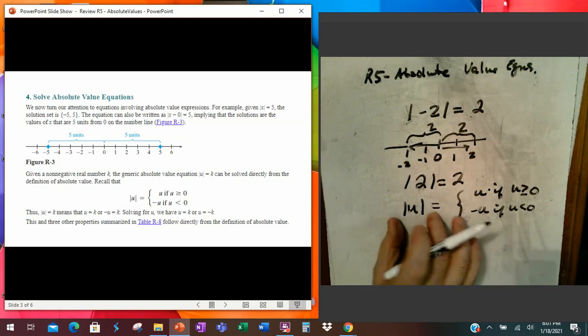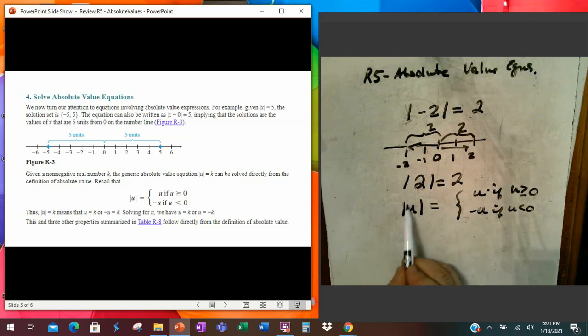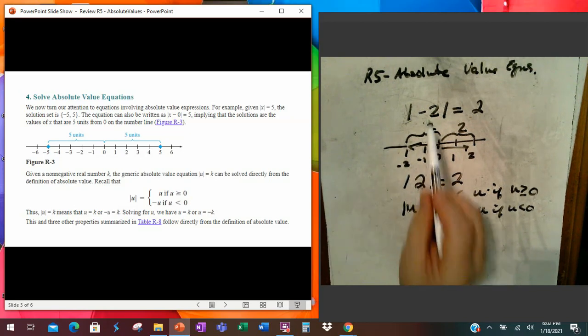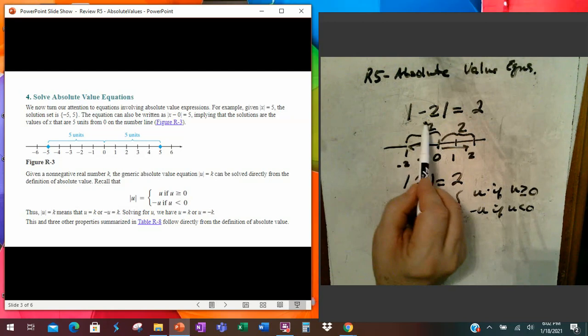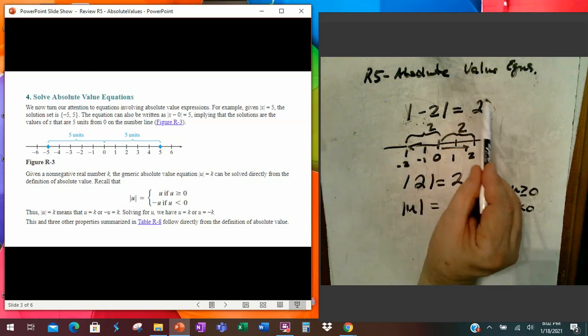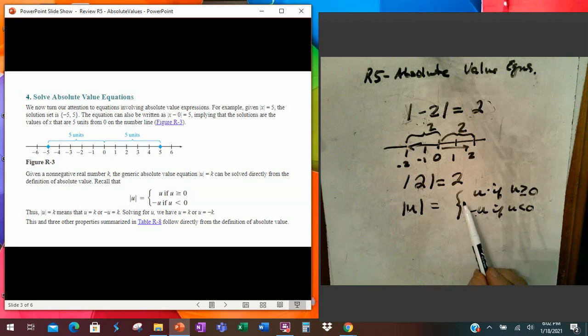If I don't know what this thing is, it can be either positive or negative, so I have to break these out into two cases. In terms of numbers, the absolute value of -2: that's less than 0, so I have to throw a negative in there. Negative times -2 just gives me the +2. And here, 2 is greater than or equal to 0, so it's just whatever that number is. So those are the mathematical terms of it.